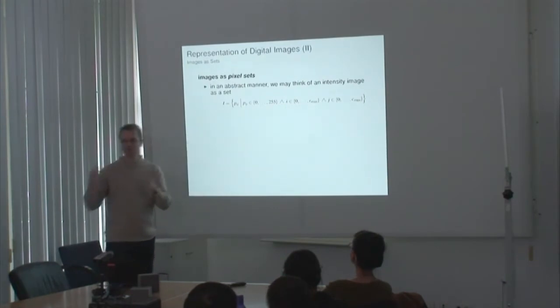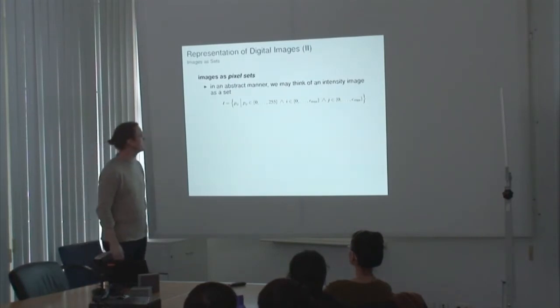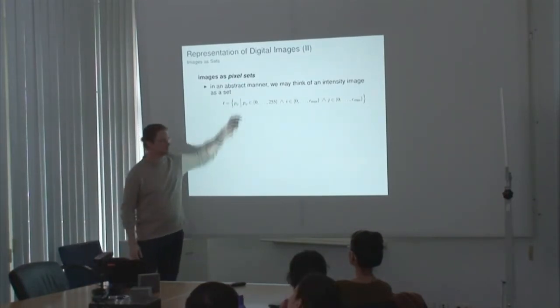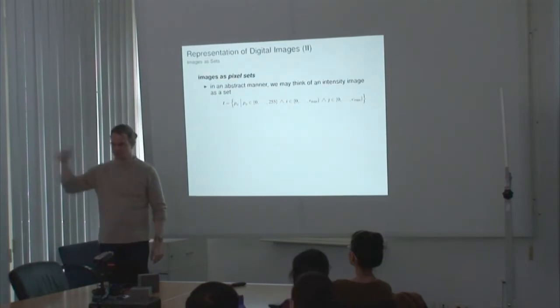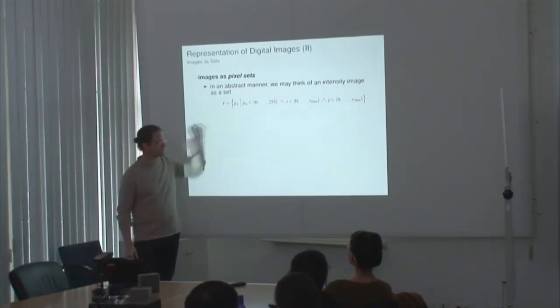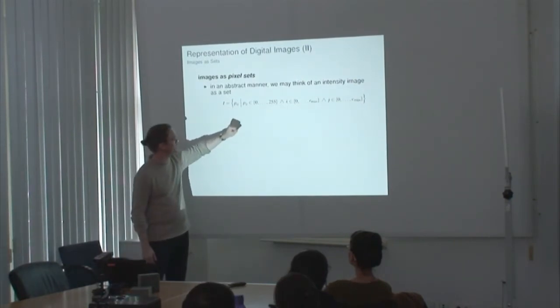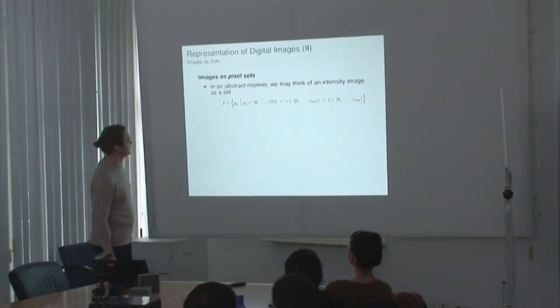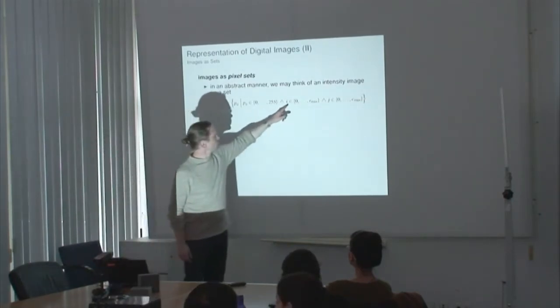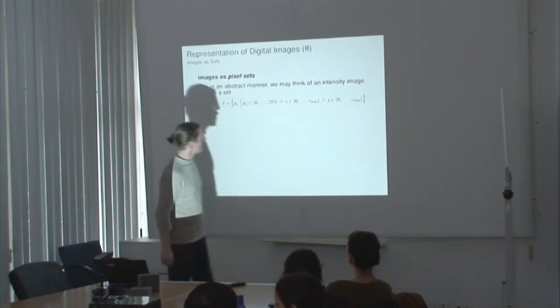And last time we already said, well, yeah, if they are arranged in a matrix, in an array of CCD elements, then we have basically 2 indices to address each pixel. So what we have here is a set of lots of things and these things are being addressed by a row index i and a column index j.